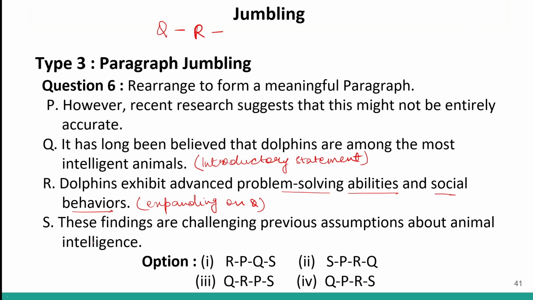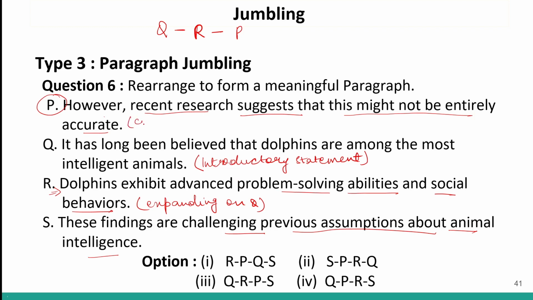Now, S: these findings are challenging previous assumptions about animal intelligence. So over here in P, I can see that, however, recent research suggests that this might not be entirely accurate. What is not accurate? R. In R, we said that dolphins exhibit advanced problem solving.